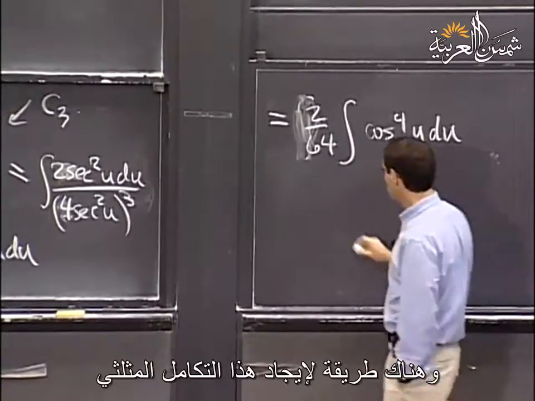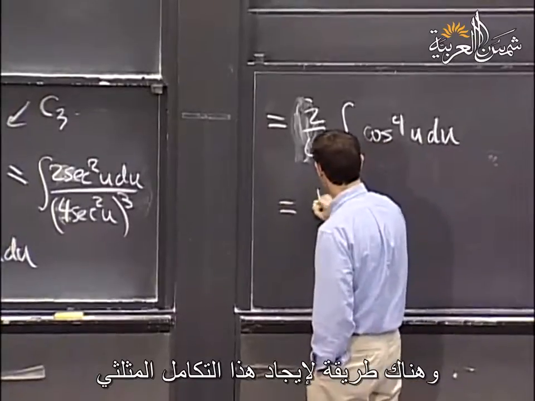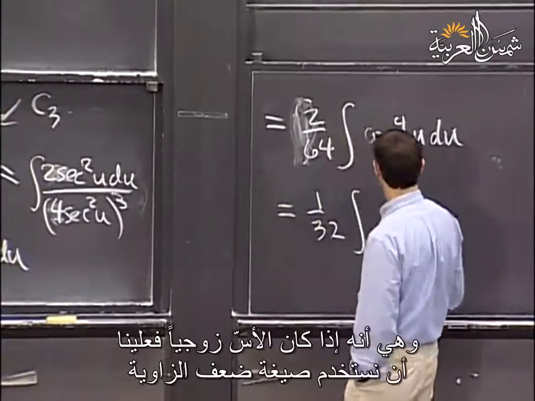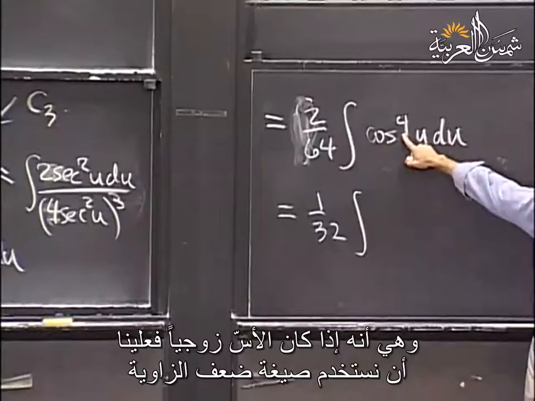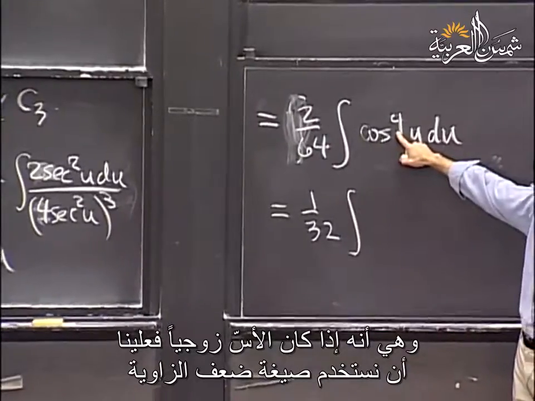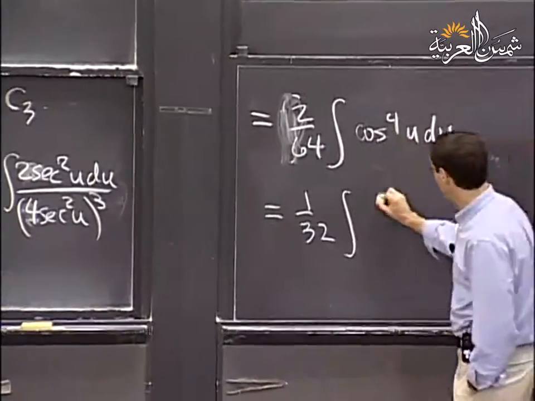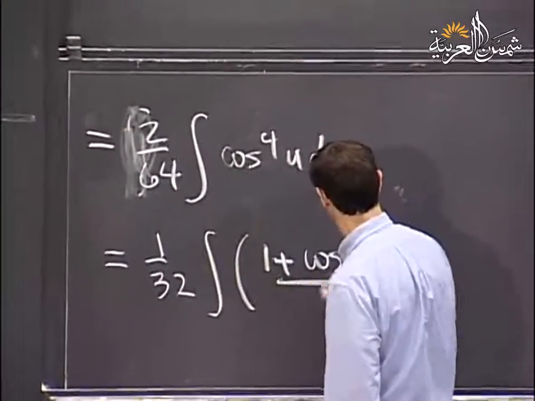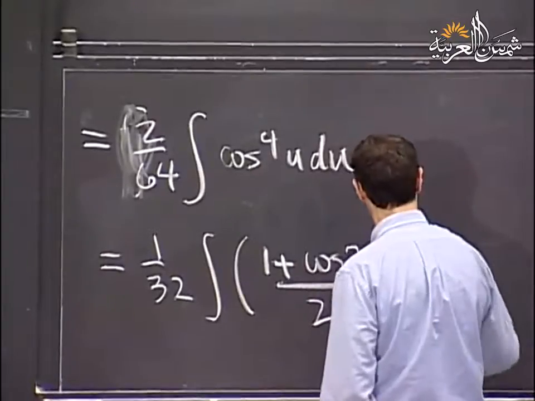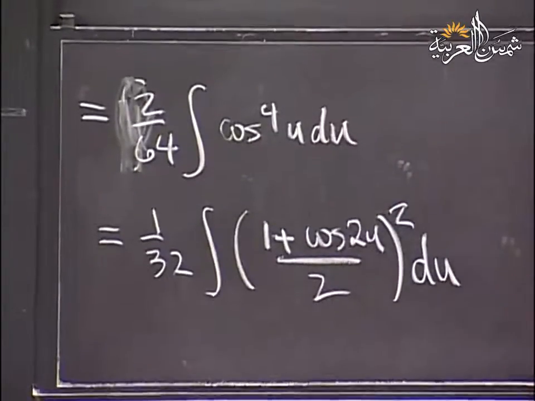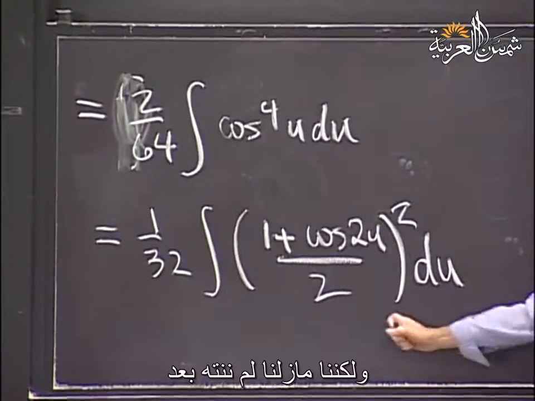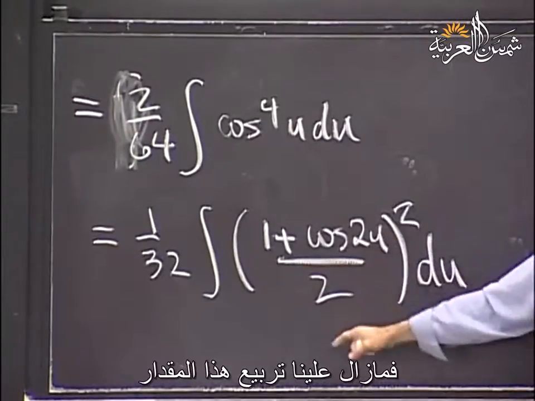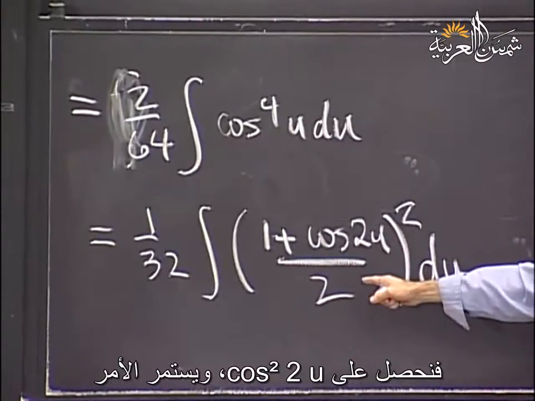The trig integral now, there's a method for this. The method for this is when it's an even power, you have to use the double angle formula. So that's this guy here. And you're still not done. You have to square this thing out, and then you'll still get a cosine squared of 2u, and it keeps on going.